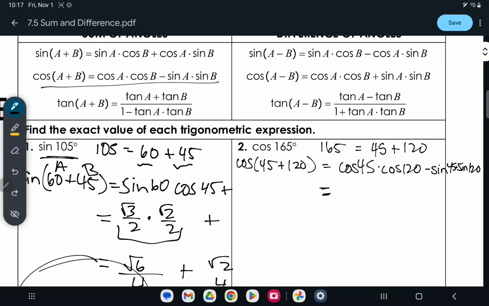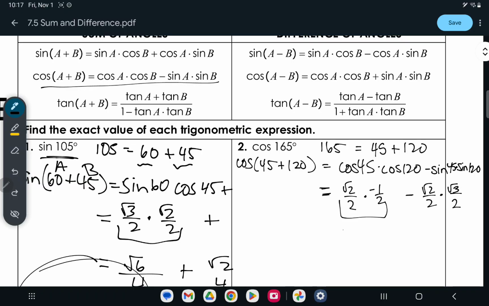Okay. Cosine of 45, looking at my unit circle, is root 2 over 2. Cosine of 120 is negative 1/2. And then we're going to minus sine of 45, which is root 2 over 2, times sine of 120, which is root 3 over 2.